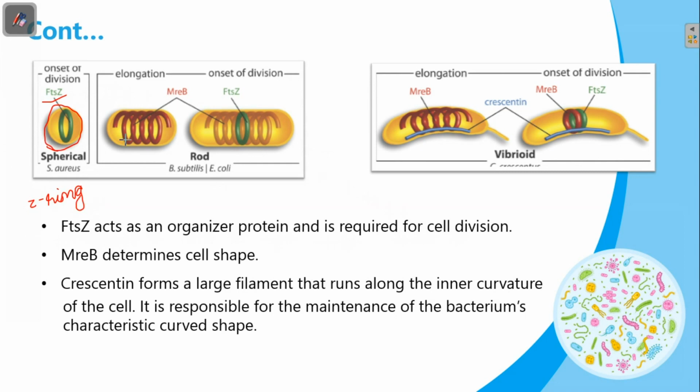And the actin-like protein is MreB. MreB determines the cell shape in rod-shaped bacteria. And the next one is crescentin. It forms a large filament that runs along the inner curvature of the cell.